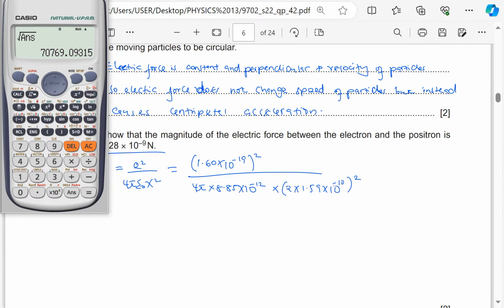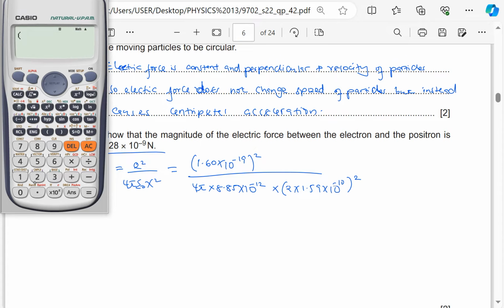So I'll start with the denominator because it is more complex. 2 times 1.5 exponent minus 10. I'll square this. I'll multiply by 4 pi times 8.85 exponent minus 12.